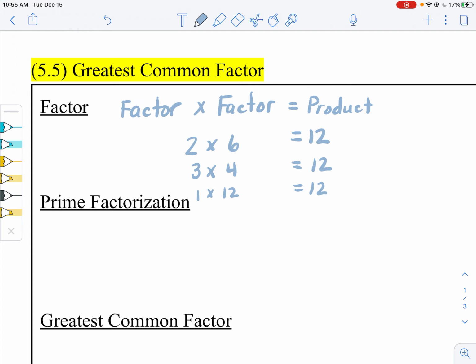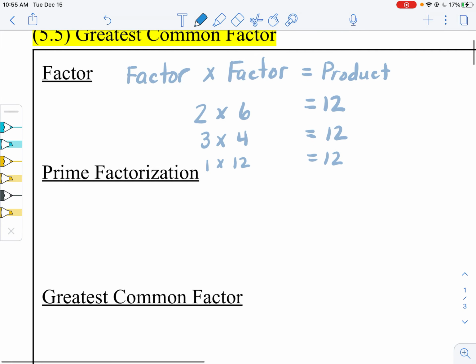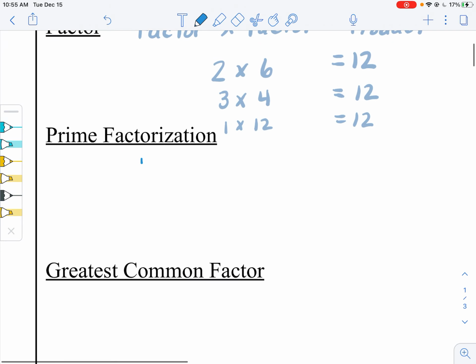Prime factorization is one method to find the greatest common factor, which we're going to see today. Prime factorization, as we mentioned in the last lesson, is the multiplication of primes.